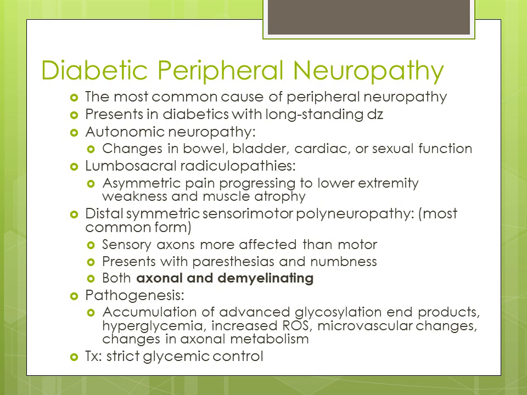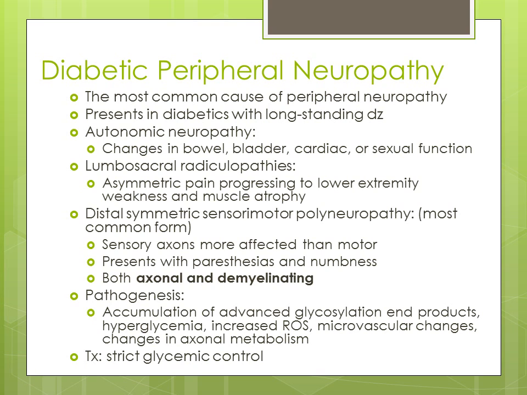So these advanced glycosylation end products accumulate, you have hyperglycemia, you have increased reactive oxygen species, lots of microvascular changes, and changes in the axonal metabolism. And all of those things go together to create this peripheral neuropathy.